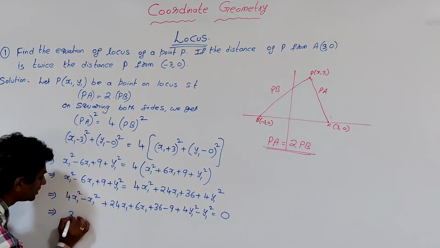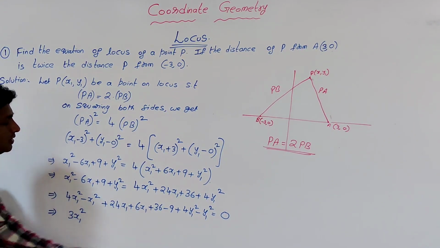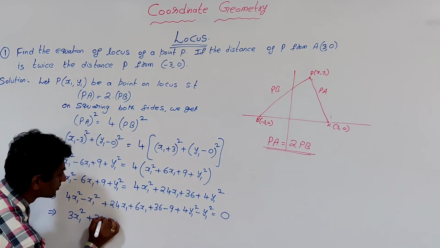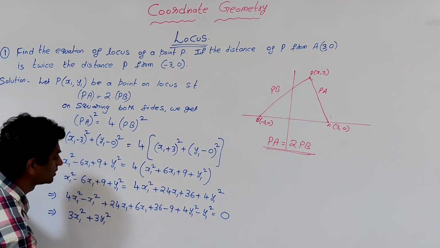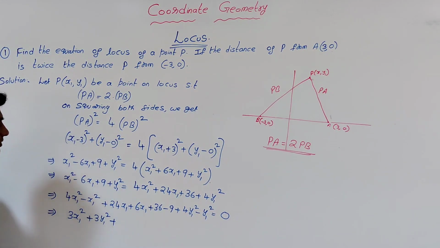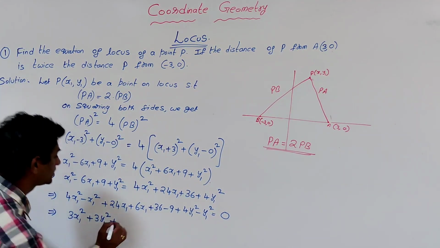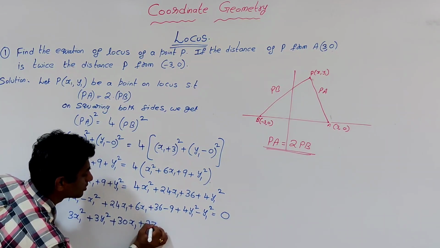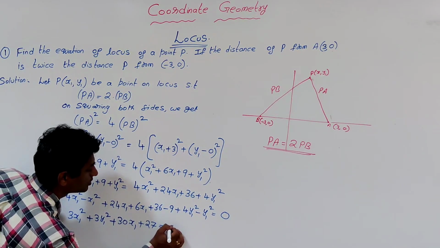So it will be 3x1² + 3y1² + 30x1 + 27 = 0.